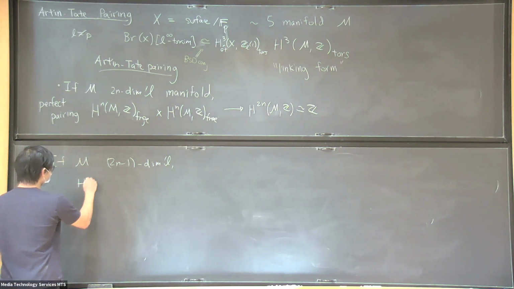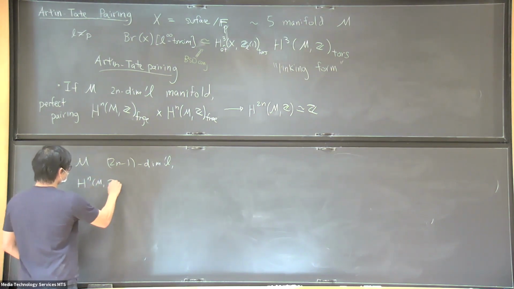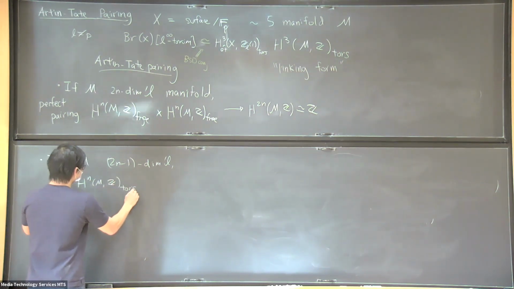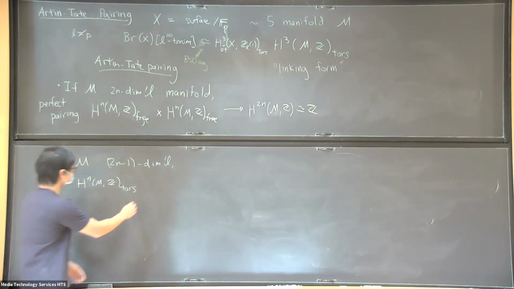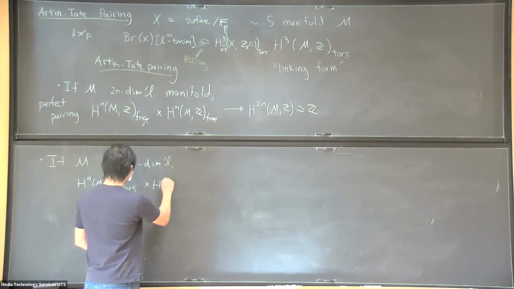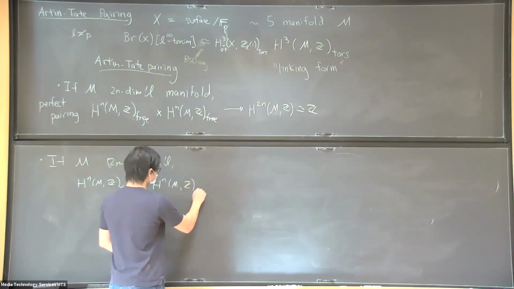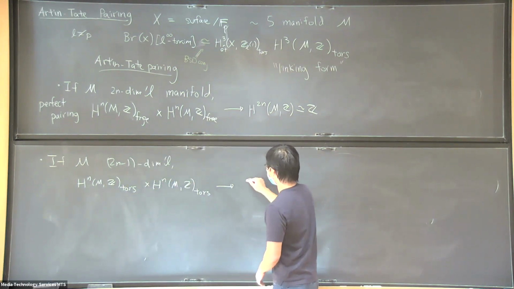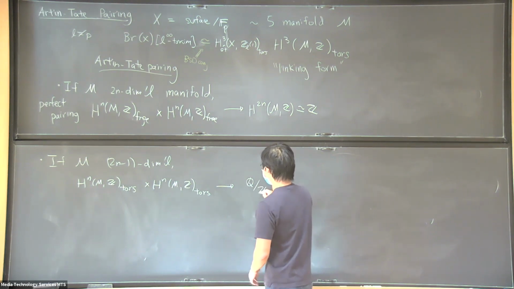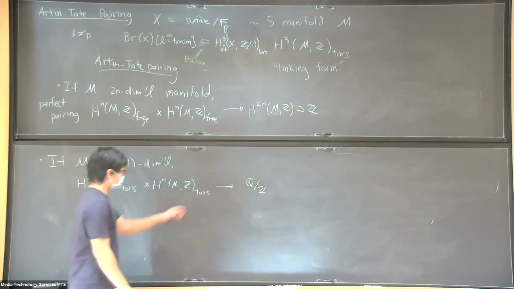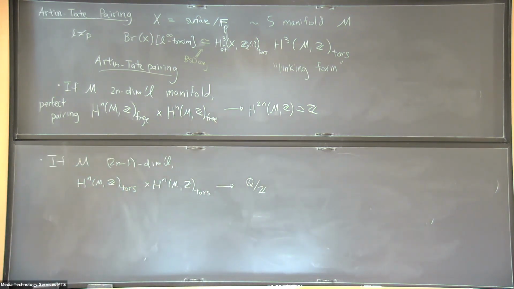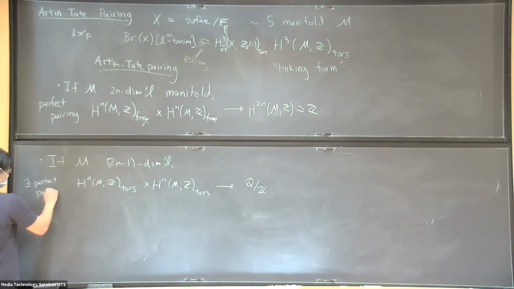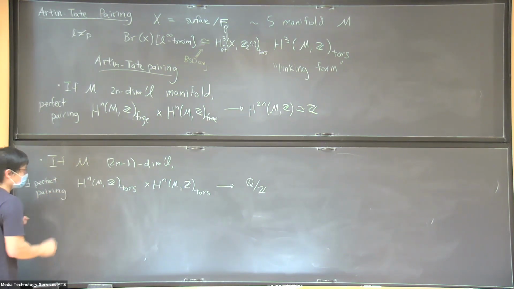So it's on H^n of M torsion. Take the middle and round it up. Since these are torsion groups, they have to be evaluated in torsion domains. Okay, so there exists a perfect pairing. This is where the linking form is.